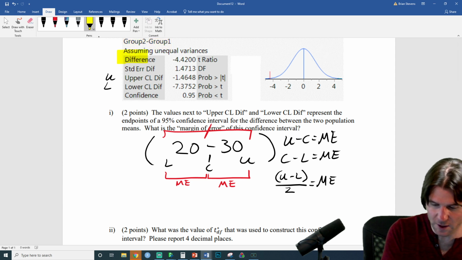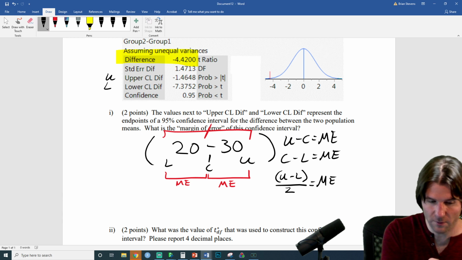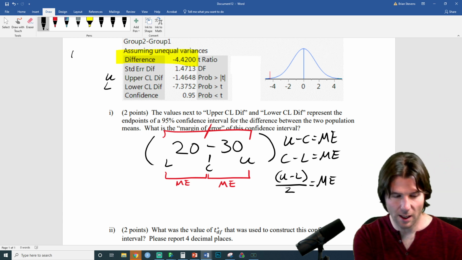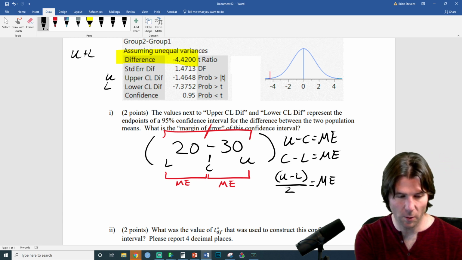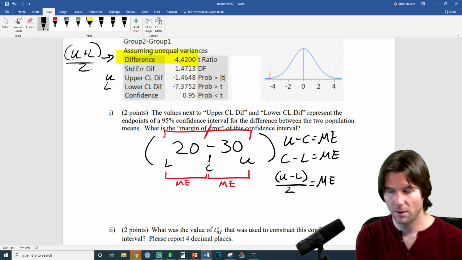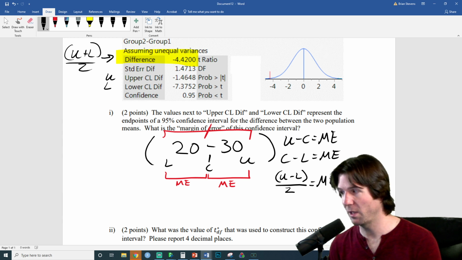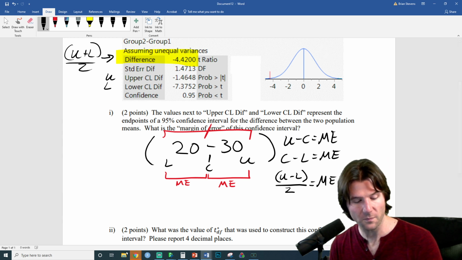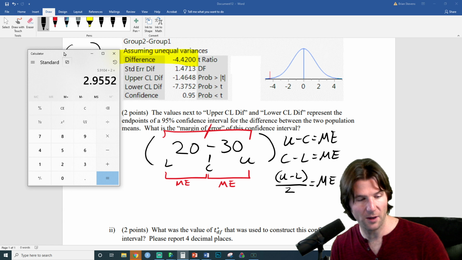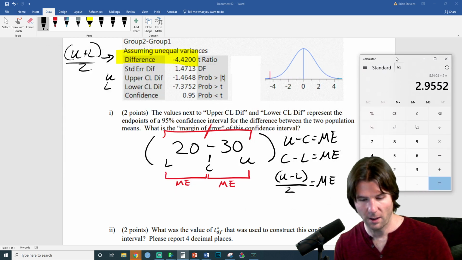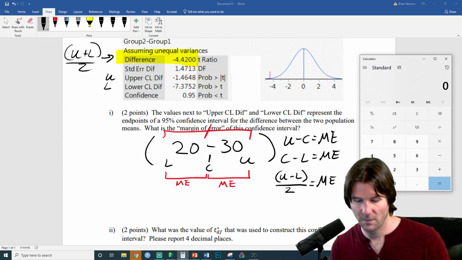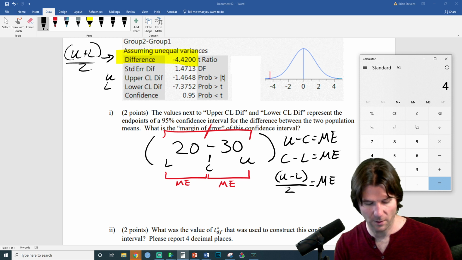If you want to find this one right here, it's upper plus lower divided by 2. So if you think about this, this is negative, I think now, 4.42.